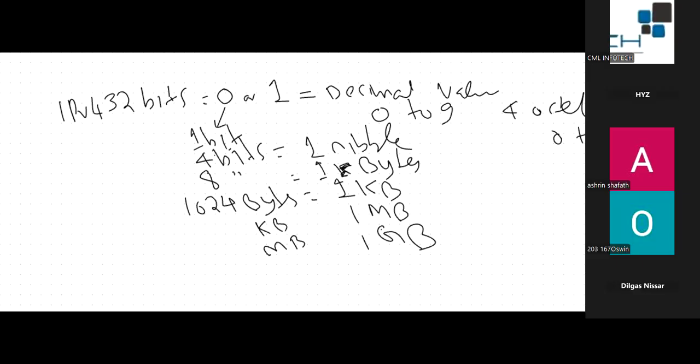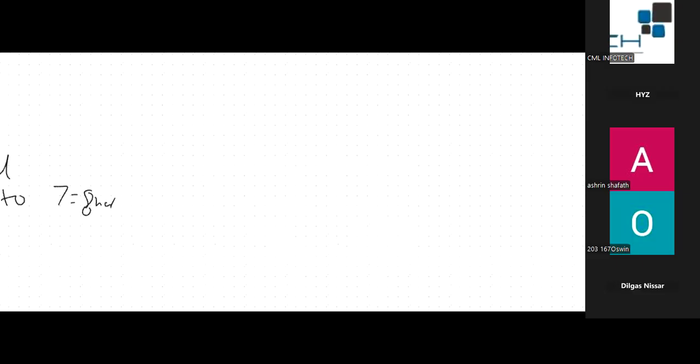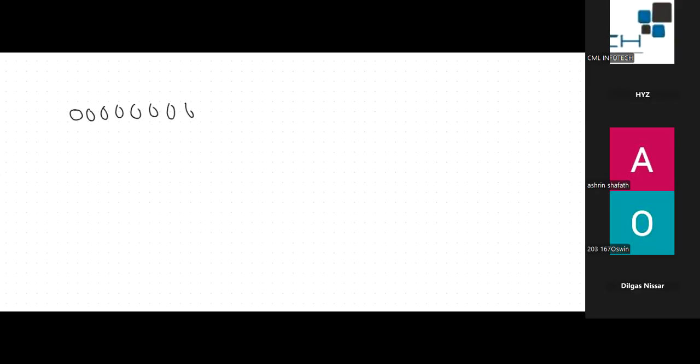It will go in this way. But now we'll write the IP address. As I said, we have 32 bits. I have to write a 32-bit value: 0, 0, 0, 0, 0, 0, 0, 0. How many does it have? 1, 2, 3, 4, 5, 6, 7, 8. When you have an 8-bit combination, we call it an octet.